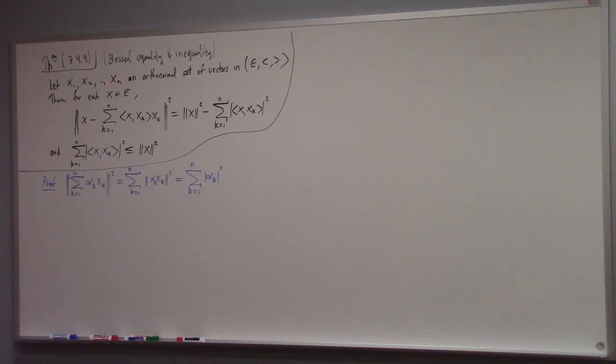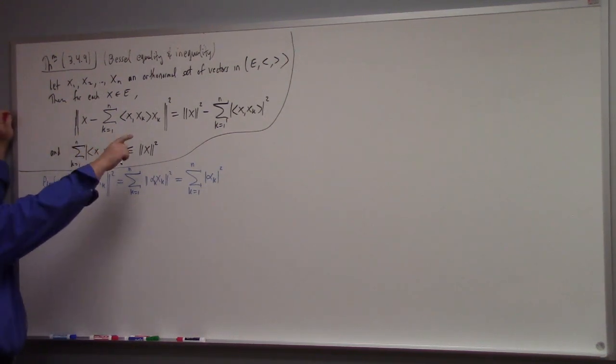So far, so good. So that's the Pythagorean identity. And then I think what he's going to do is just look at this explicitly.